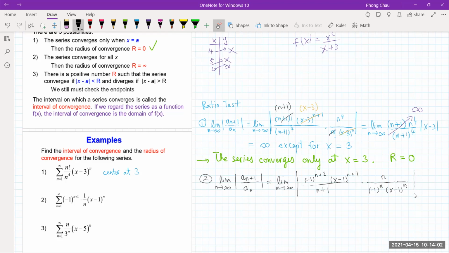Again, that is an absolute value bar. Once again, when you use the ratio test, you can simplify when there is an exponential: x minus 1 to the n plus 1 and x minus 1 to the n cancel out. You're left with an x minus 1.